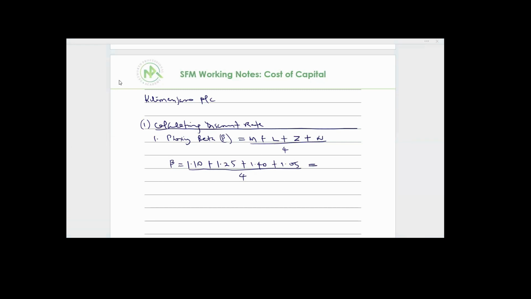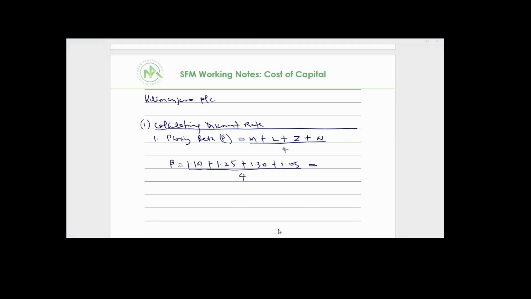So 1.1 plus 1.25 plus, is it 1.4 or 1.3? No, this one should be 1.3, not 1.4. Let me confirm. Yeah, 1.3. Okay.